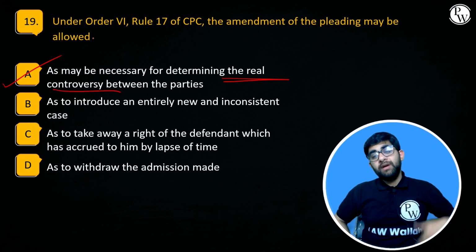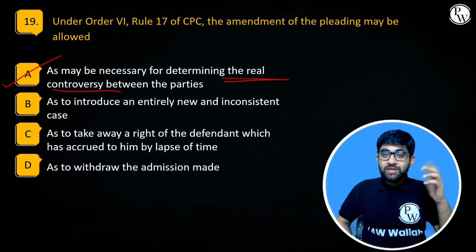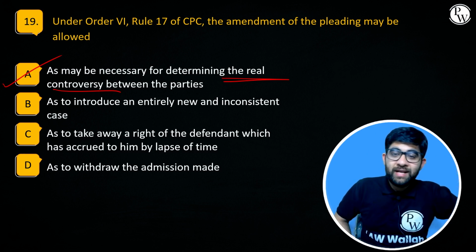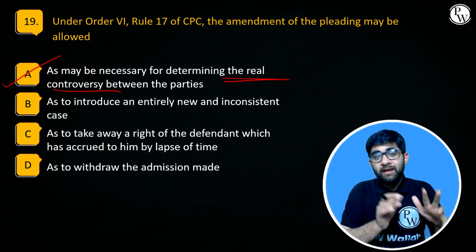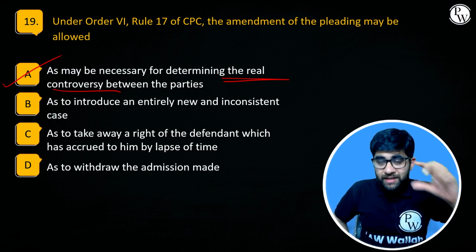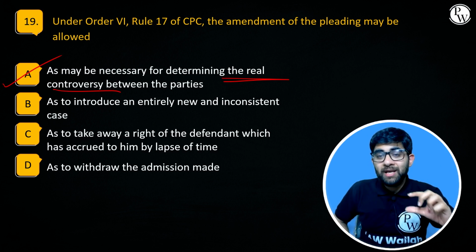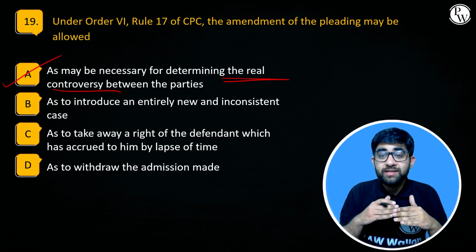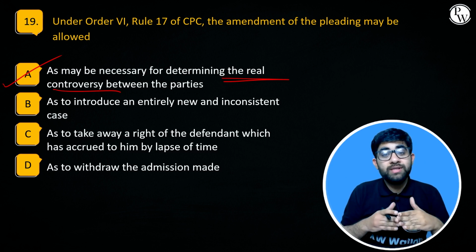For example, if an application under Order 6 Rule 17 comes at the stage of final arguments or after the evidence has closed, and the reasons in the application are legal, or you can say in the interest of justice, then the court would allow the same.